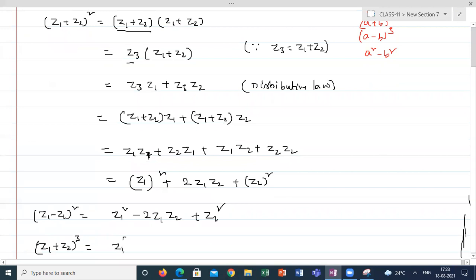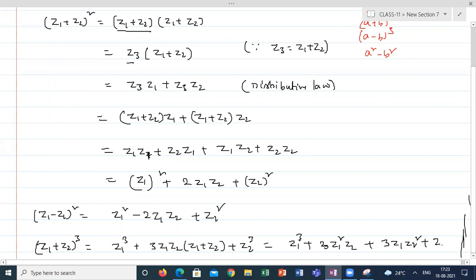This will be z1 cube plus 3 z1 z2 into z1 plus z2 plus z2 cube, or z1 cube plus 3 z1 square z2, 3 z1 z2 square and z2 cube.